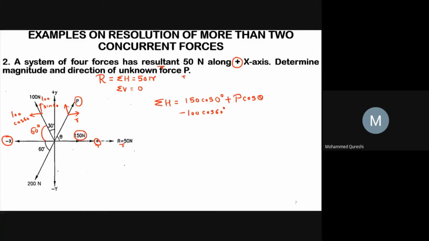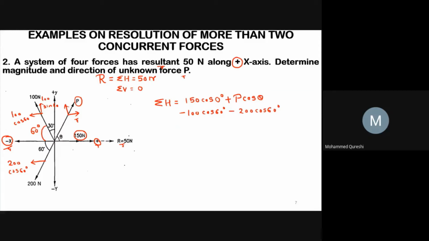Then 200 Newton. This will be your horizontal component, 200 cos 60 degree, but its direction is here, and hence it will also be negative. So 150 cos 0 plus P cos theta minus 100 cos 60 minus 200 cos 60.